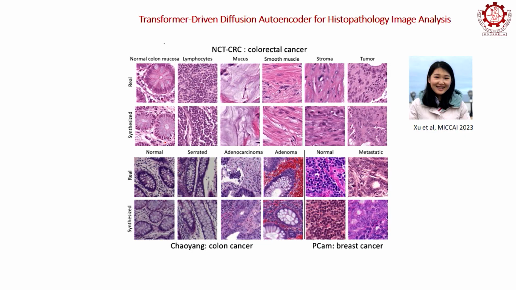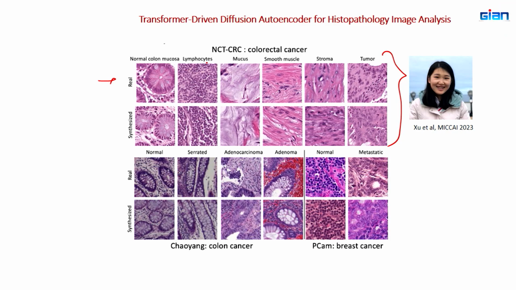This was a workshop paper at MICCAI 2023. We used a diffusion autoencoder for generating these images. This entire block is colorectal cancer. On the top row, you see real examples of different categories, or different regions rather, of this colorectal cancer, including normal mucosa and lymphocytes.